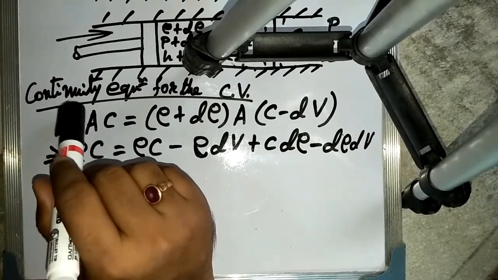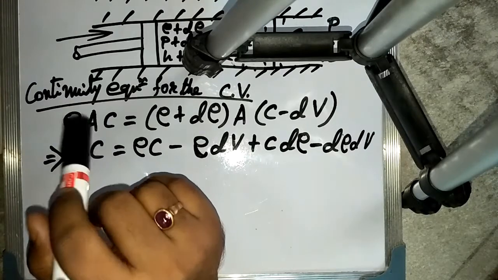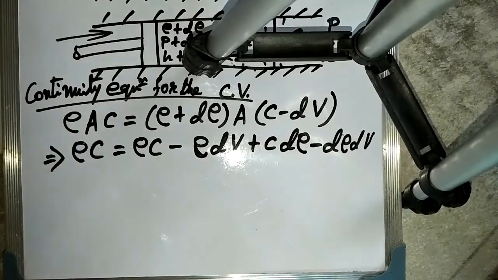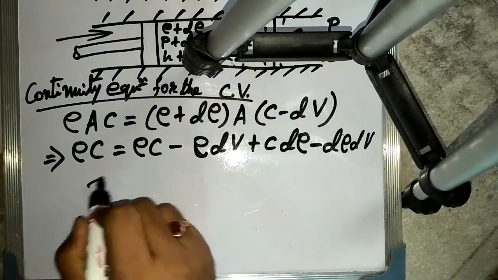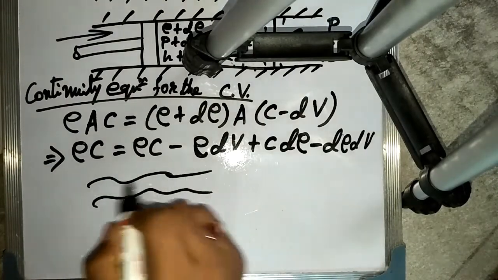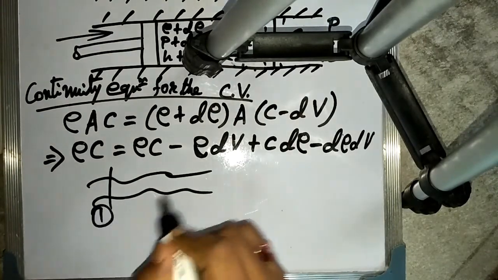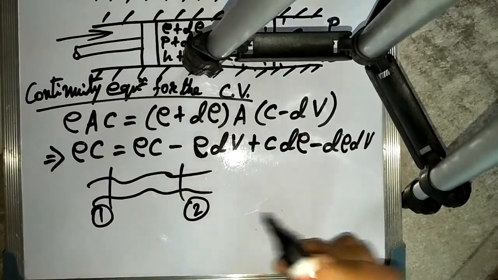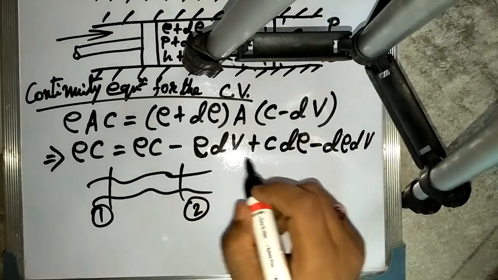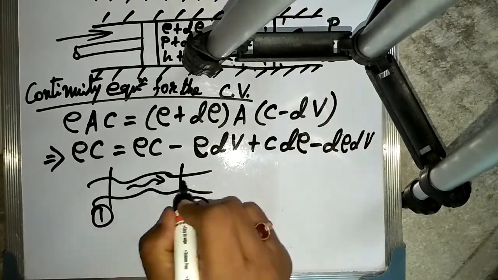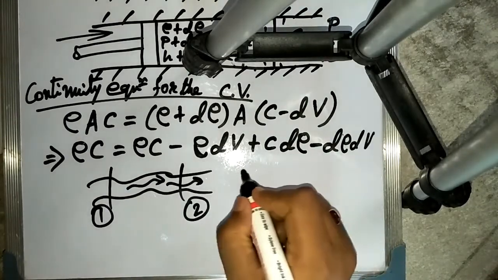The reciprocal of density is specific volume. So for a fluid flow in a pipe or any kind of cross section, suppose this one is cross section 1 and this one is cross section 2, for this fluid flow we can apply the continuity equation.